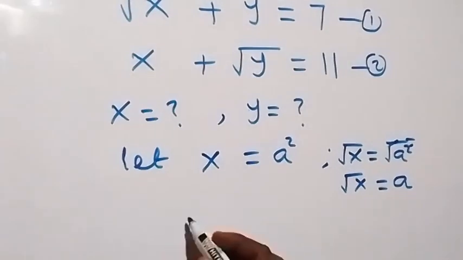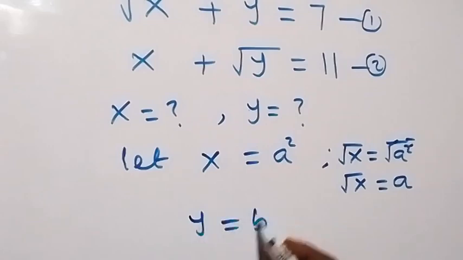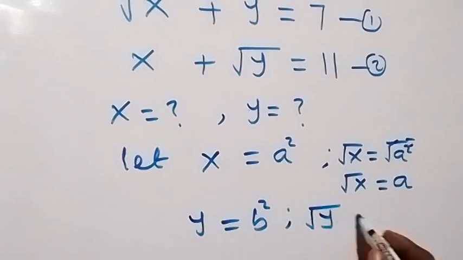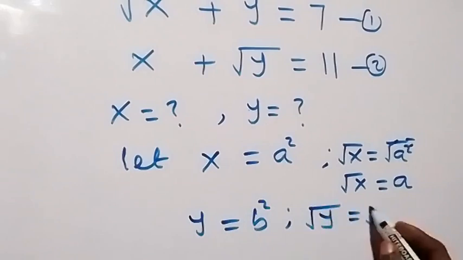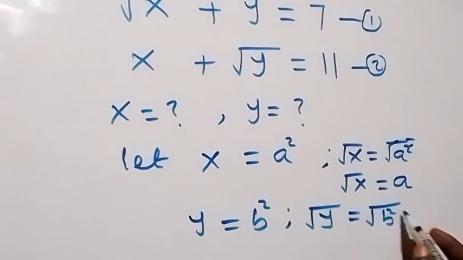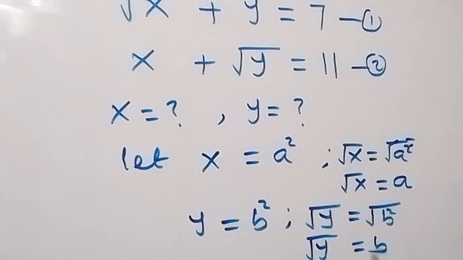Also let's represent y as b square, such that root y will be equal to root b square, and so root y will be equal to b.